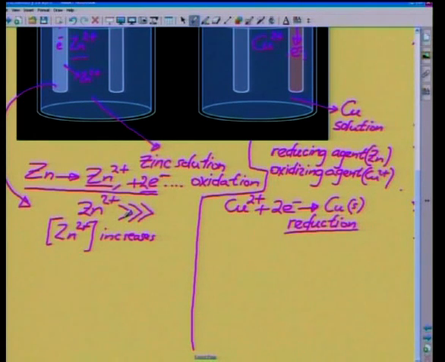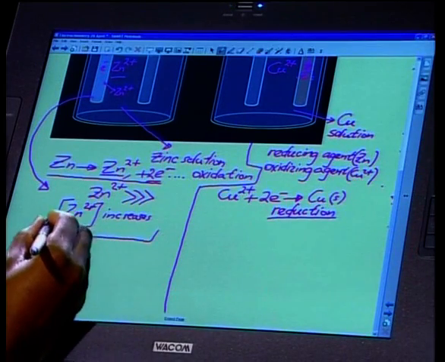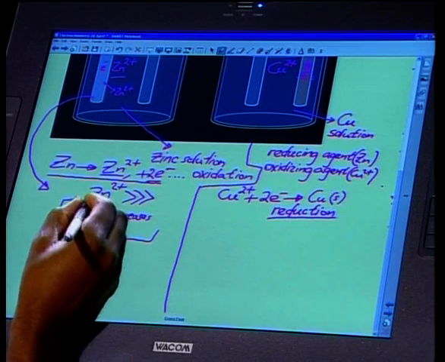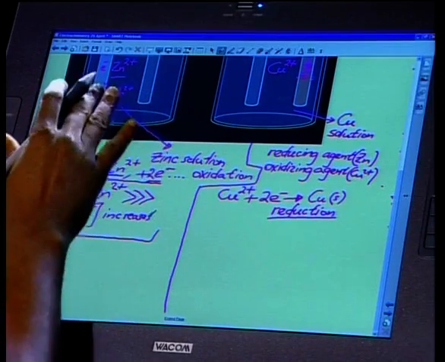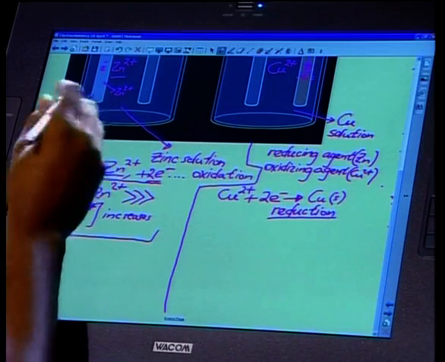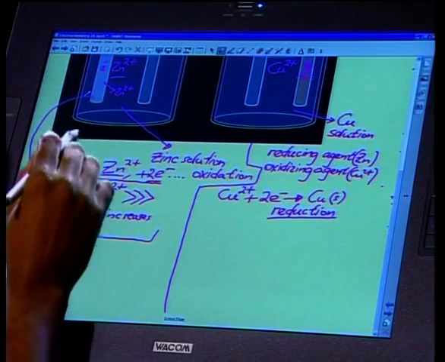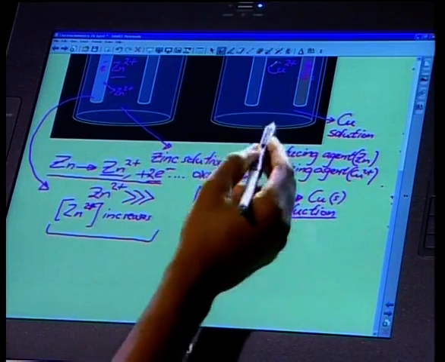Let's continue to check more on what is happening in these cells. Remember, on the zinc side, we said the concentration of the Zn2+ ions increases, because every time a zinc atom is oxidized, a Zn2+ ion gets into that solution. But what is happening here?